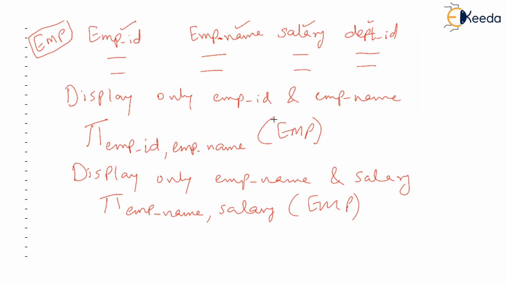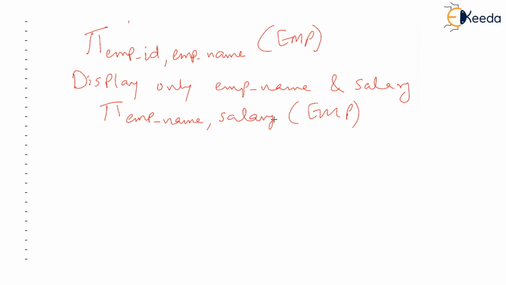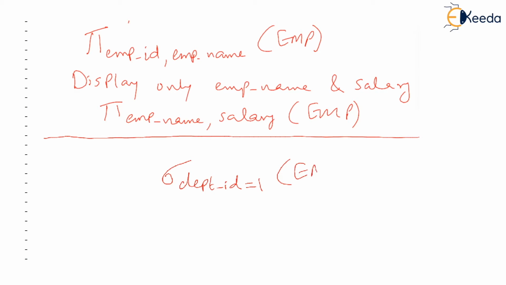Now I will write one relational algebra expression and let's understand what it means. Let's say I write select department ID equal to 1 from EMP relation, and let's say I put one more bracket to this and I write project EMP ID comma EMP name, let's say.